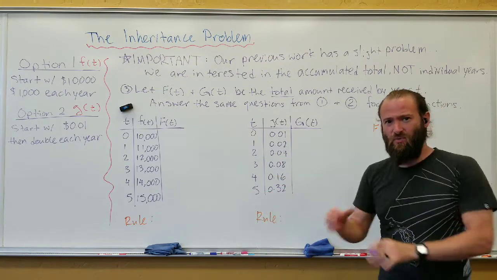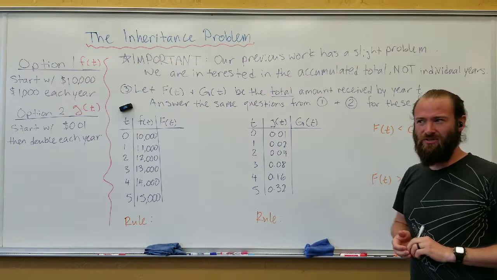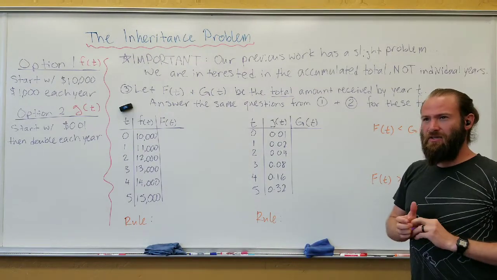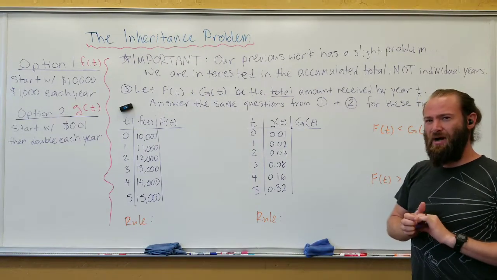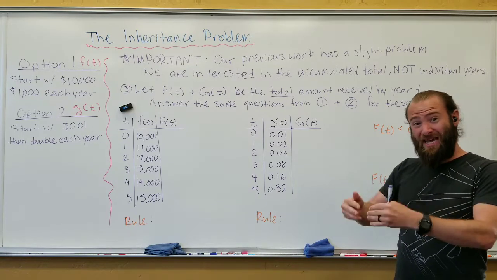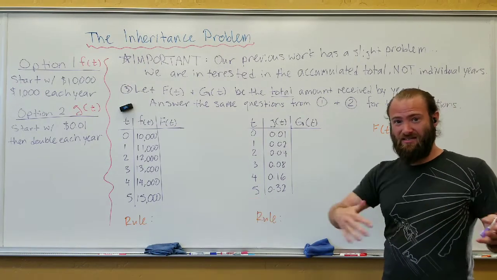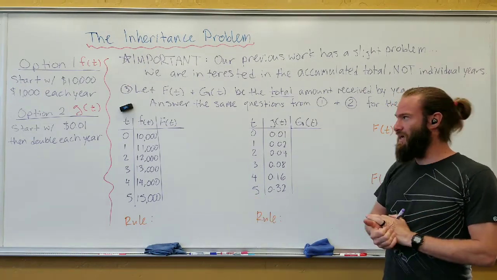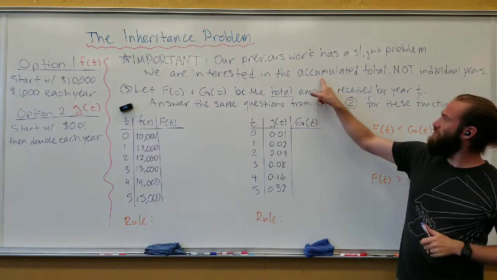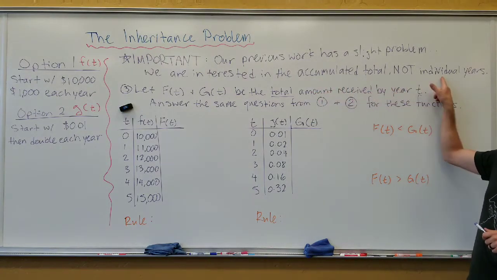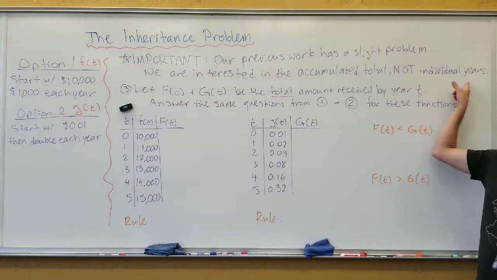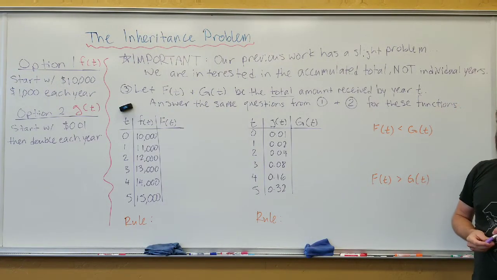It's not just what I get in 1 year. So what we did last time turned out to only give me the solution to when the amount I get in that year surpasses. That's actually a different problem. We're interested in the accumulated total, not just individual years. That's what we're going to solve next, okay?